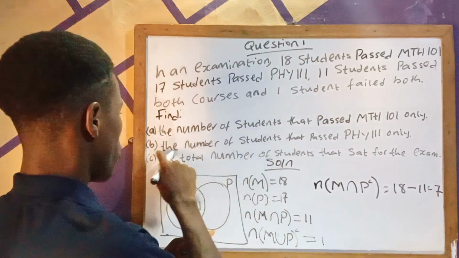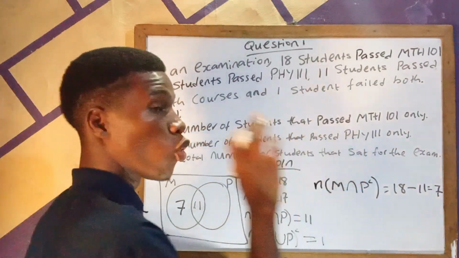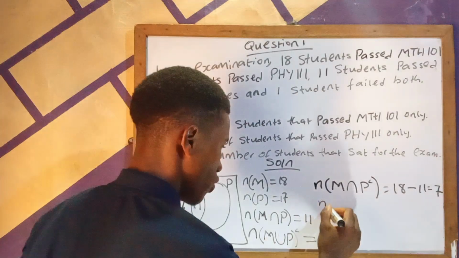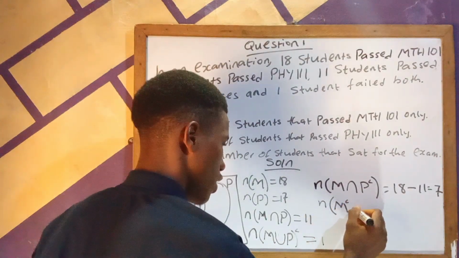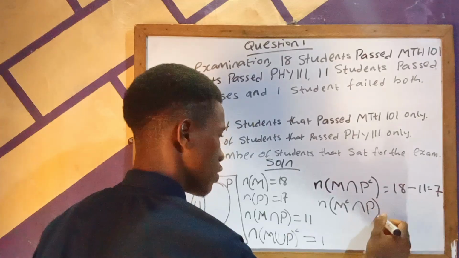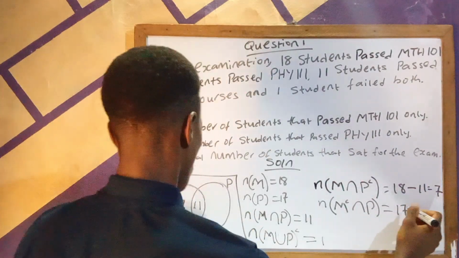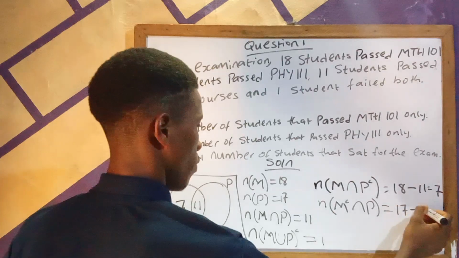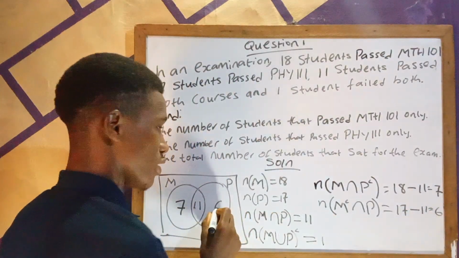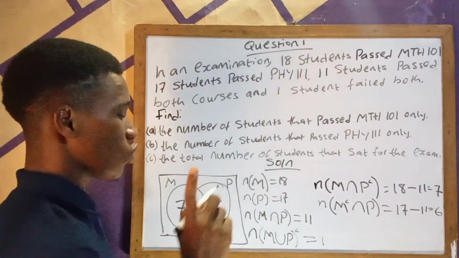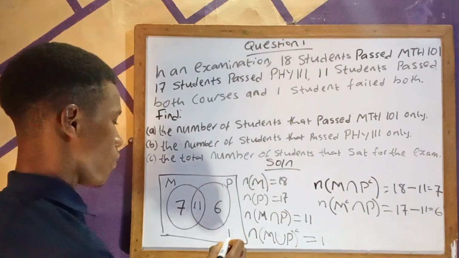Now the second option: the number of students that passed Physics 111 only, that means the cardinality of M complement intersection P, which is 17 minus those that passed both of them, 11, which is equal to 6. So we have here 6. Now remember that those that failed both of them is 1, so we have 1 here.